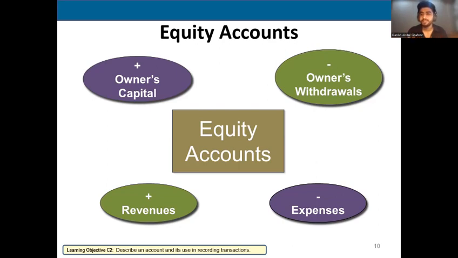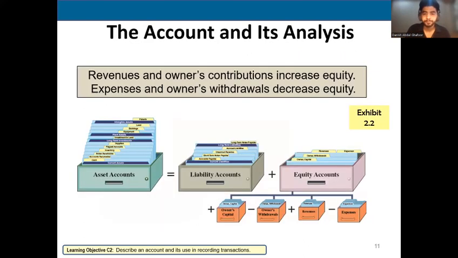That is also part of the equity accounts. Now let's go beyond the basic things. We will go into detail later on. I guess three of the accounts are done. Now we are analyzing those accounts. The first is that revenues and owners' contributions increase equity. As I already told, the higher the revenues, and let's keep the expenses the same, revenues minus expenses is equal to retained earnings.